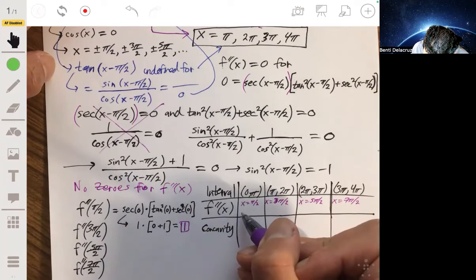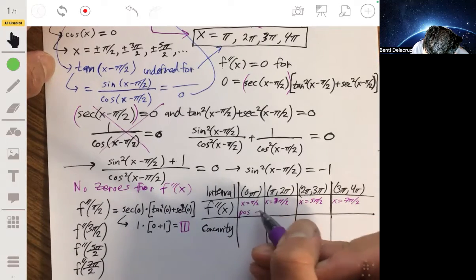I get 1, a positive number, so again, I just put positive.